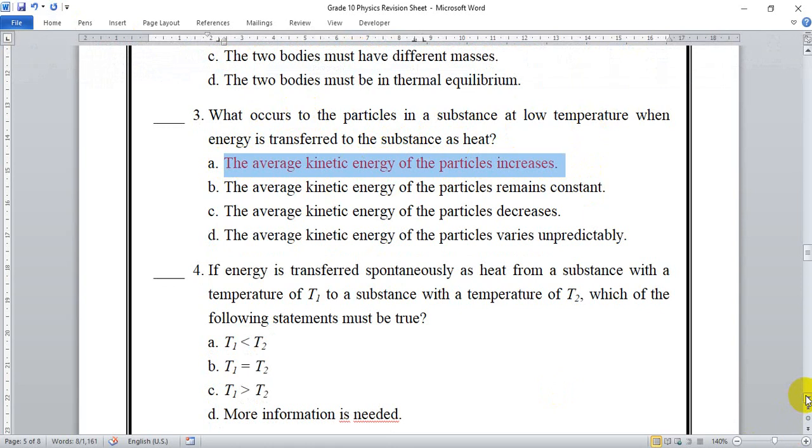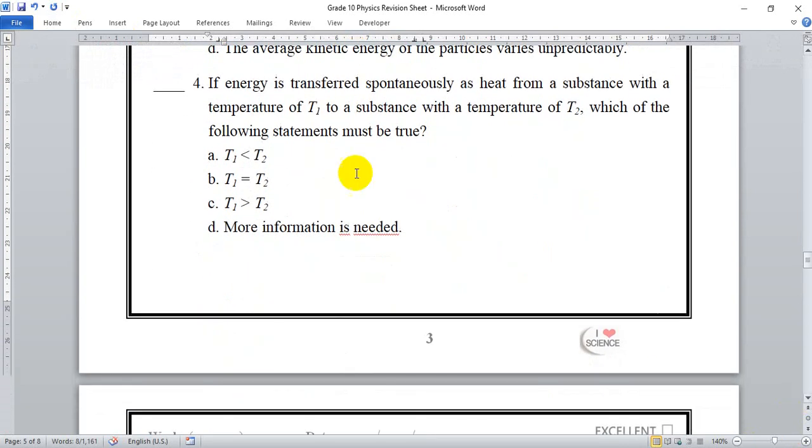Number 4. If energy is transferred spontaneously as heat from a substance with a temperature T1 to a substance with temperature T2, which of the following statements must be true? T1 less than T2, T1 equals T2, T1 more than T2, or more information is needed.